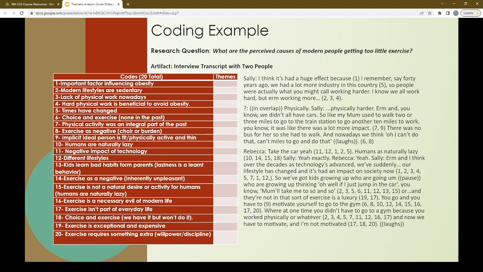One of the things I'll note there is it can be kind of difficult to parse out exactly what they're saying because humans have awkward speaking patterns, especially in naturalistic interviews. People aren't going to sound like a scripted TV show. It's probably easier to code something like a scripted TV show because people are speaking for maximum clarity and not necessarily how people actually speak.